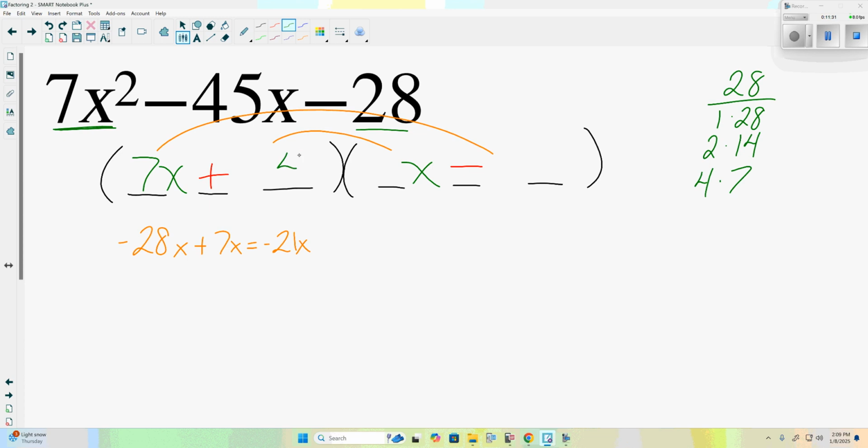Now we can switch it to 4 and 7 and check it again. 7 times negative 7 is going to be negative 49x. 4 times x is going to be plus 4x, and negative 49x plus 4x is negative 45x.